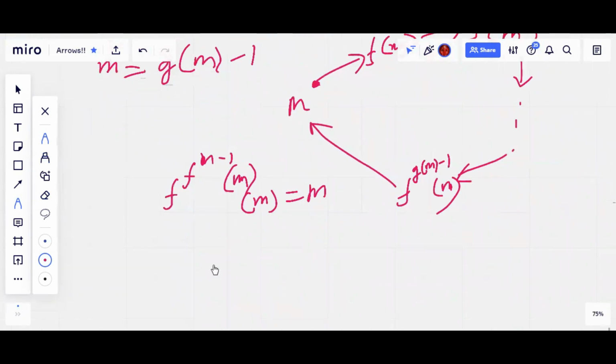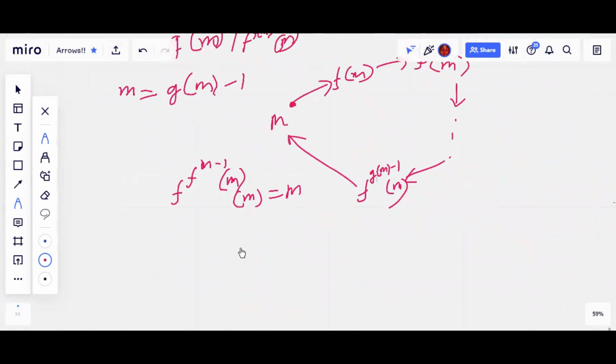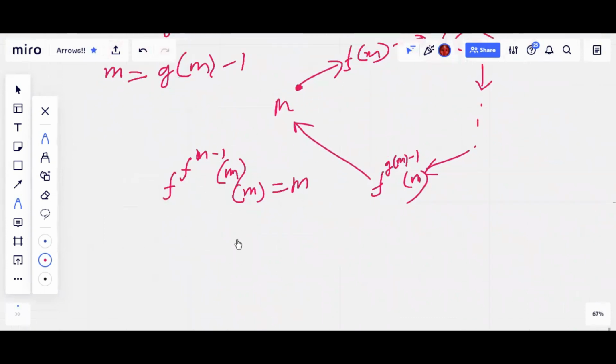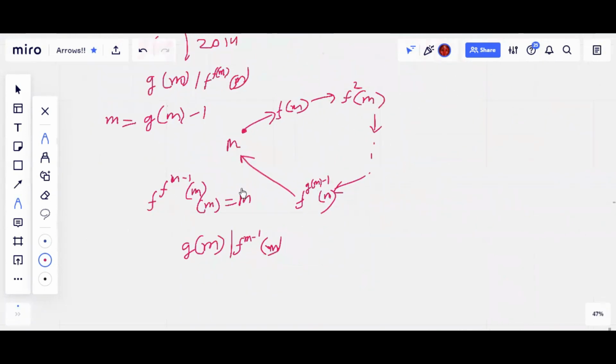So what does this mean? You guessed it right. It means that g of m divides f to the power m minus 1 of m. Also note that all this stuff is in this cycle, because it must be. It has every element f to the power something of m.